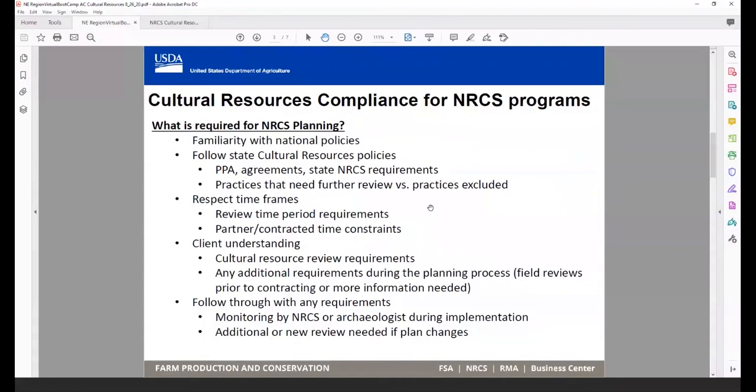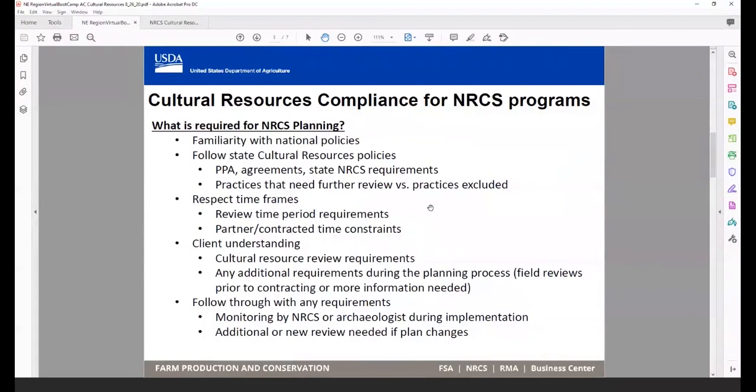And then it's our responsibility to make sure that the client understands that since this is federal money, there is a cultural resource review process that needs to go through for any potentially ground disturbing or ground disturbing practices. And then also any additional requirements during the planning process, be it from the review process or just discoveries after review.